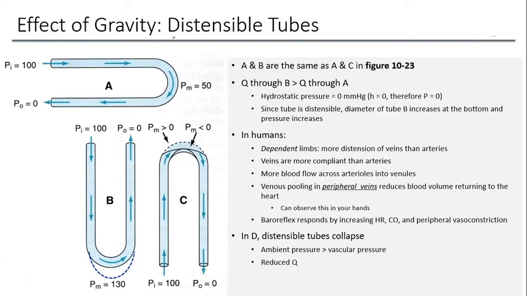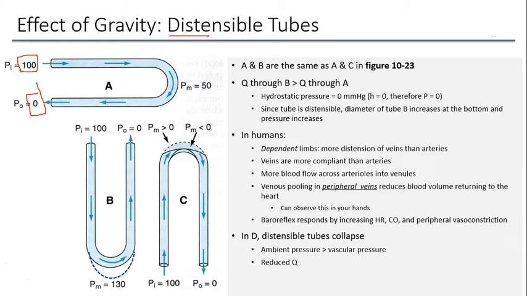So on the last page with rigid tubes, we're not seeing much of an impact that gravity has on the flow of blood, right? Because, similar to here, you have a starting pressure of 100 and an ending pressure of 0, and then you have this flow of blood that's just based on that. But in the case of our bodies, gravity does have an impact on blood flow.